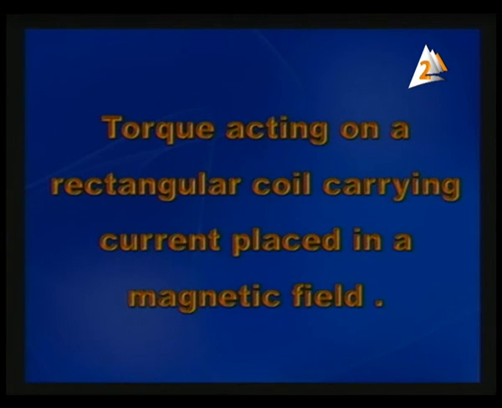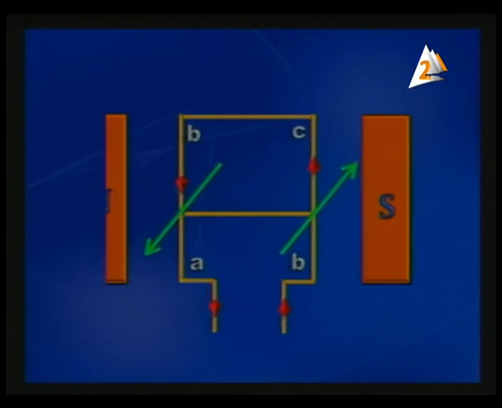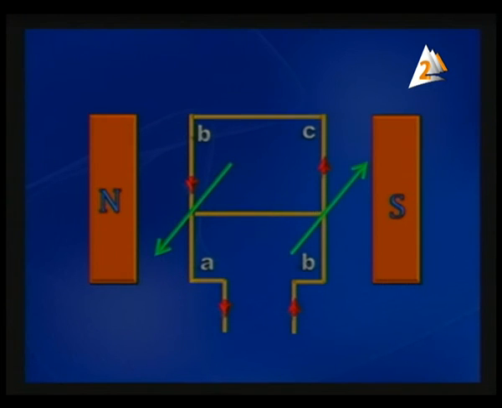And now talking about another important topic, which is torque acting on a rectangular coil carrying current placed in a magnetic field. In front of you, we've got a coil that carries current and is placed in a uniform magnetic field.